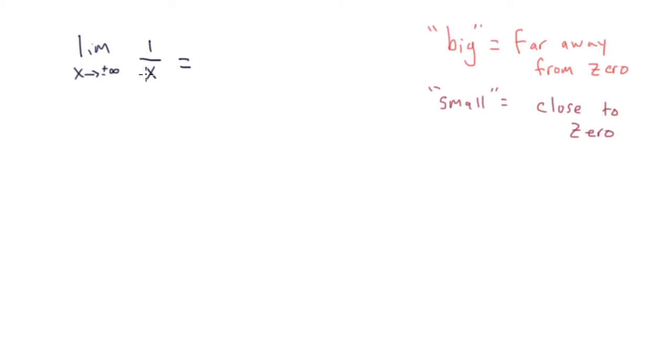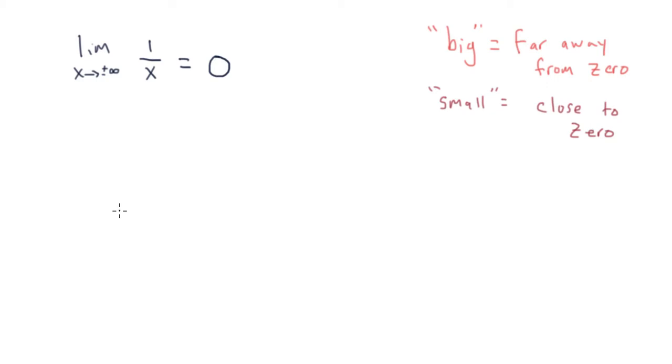So just think about 1 over 100, 1 over 1,000, 1 over a million, 1 over a billion. Those numbers are getting very small, closer and closer to 0. So this limit is actually approaching 0. And we'll start this convention that when we have something like 1 over a big number, in a limit here, I'm just thinking about x becoming a big number, that's getting close to 0.